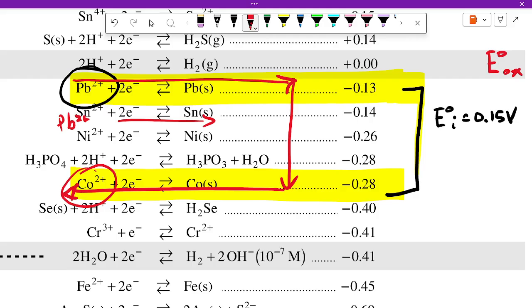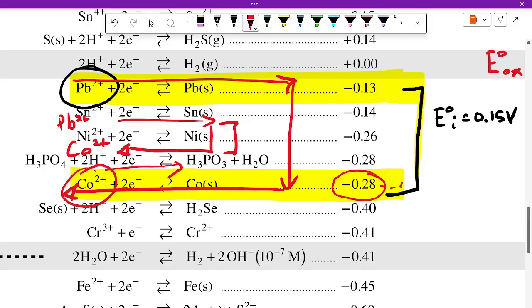So what that means is that the potential to go forwards is actually higher, yes? So this number is going to get higher. So the cobalt is now going to be up here. So now you're going to have a potential difference that is smaller, yes?